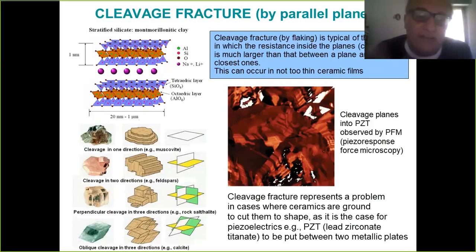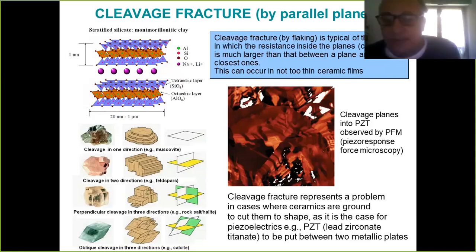These are 4 types of cleavage: in one direction, in 2 directions, or as is mostly the case, in 3 directions, which might be perpendicular between them, and in 3 directions which are oblique. Of course, this is a model. Be aware that the reality, which you see to the right, is much more complicated.